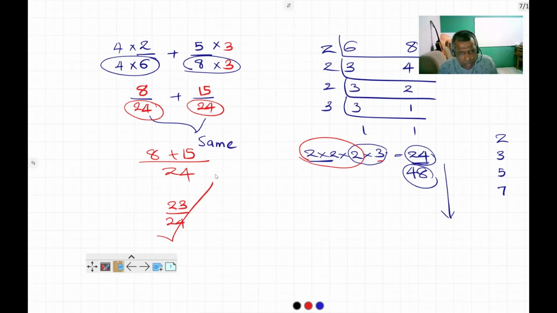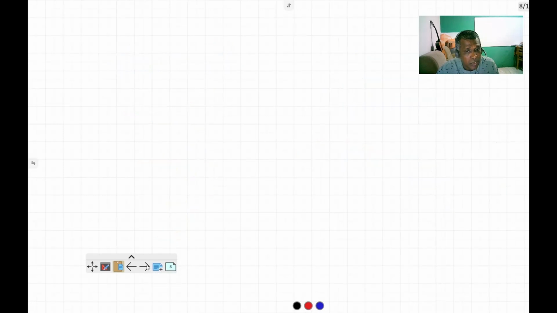Is that all? No. Actually, there are some practical things we can explain using LCM. For example, when I go to the office, after each and every 2 days, I am wearing my watch.